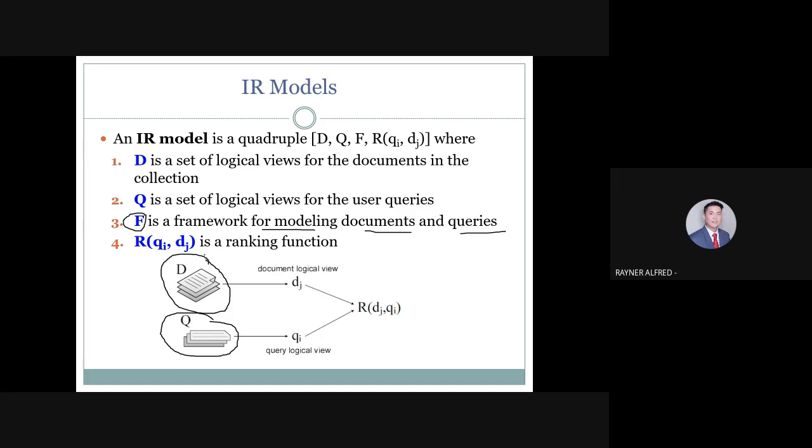And the fourth one is how we perform the ranking between each document with respect to the query. So Q_i is the query, D_j refers to the document. This is a vector of document, this is a vector of query. So in an IR model, we have four items: the document, the query, the framework, and also the ranking function.